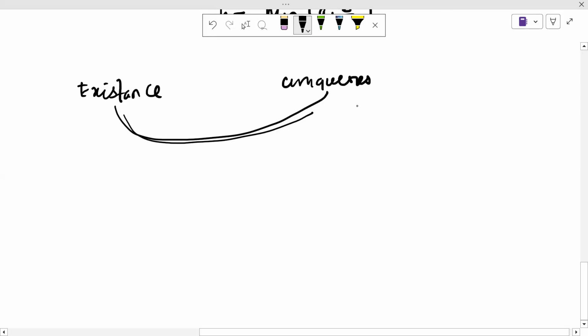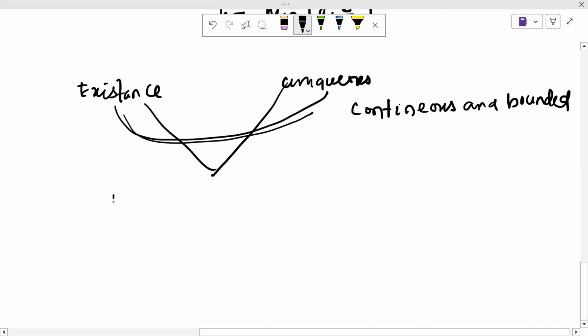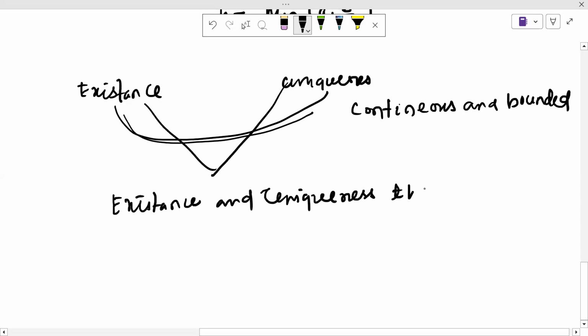For both cases, the function must be continuous and bounded. But what happens when we combine them in the existence and uniqueness theorem?